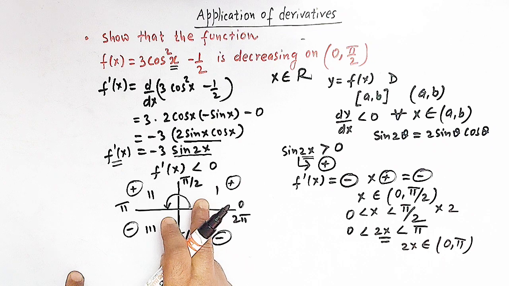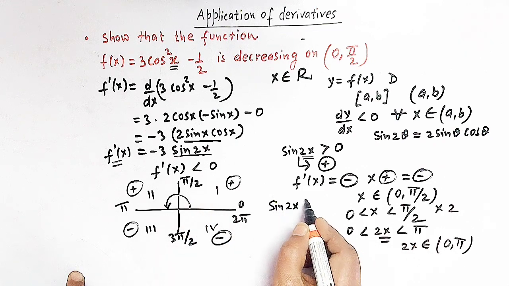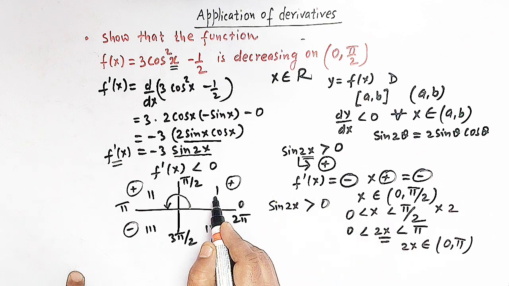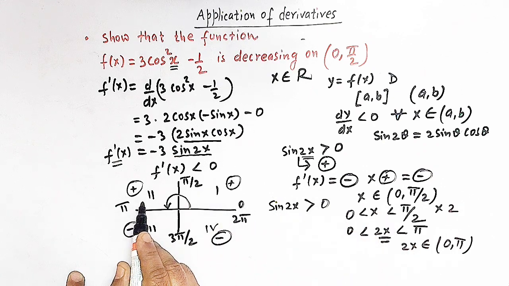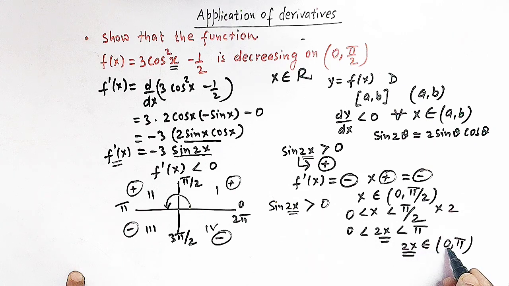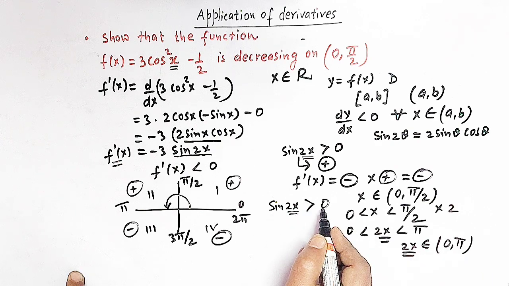So now we can conclude that sine 2x is greater than 0 when 2x belongs to 0 to pi. That is, sine 2x takes the value either in the first quadrant or in the second quadrant, right? So here the angle 2x belongs to 0 to pi, so sine 2x is greater than 0.